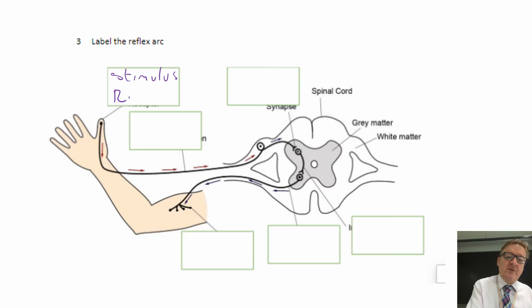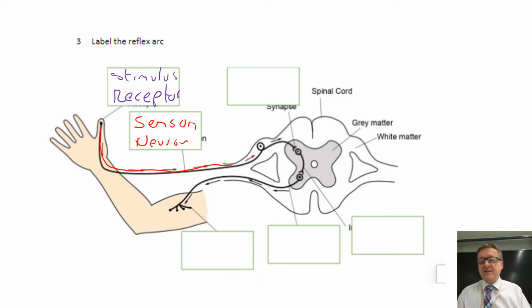And then what you've got in your hand is a receptor. Okay, so the stimulus then stimulates a response from the receptor. Then it goes down this neuron there. That neuron is the sensory neuron.